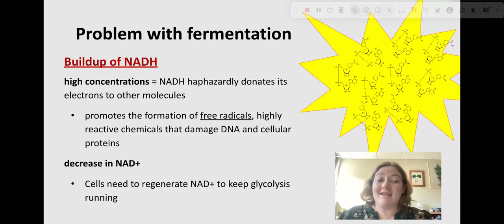So we don't want NADH to build up. We want a way to keep the levels of NADH lower so we don't get the creation of these free radicals. So essentially what we have to do is regenerate NAD+. So let's take a look at some examples here.